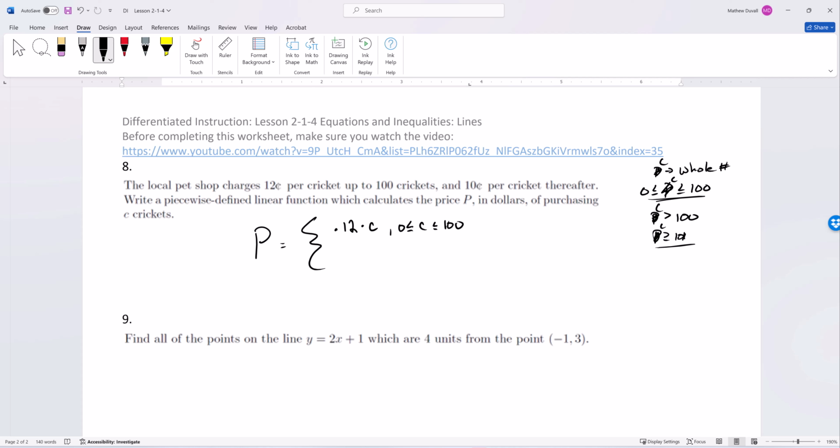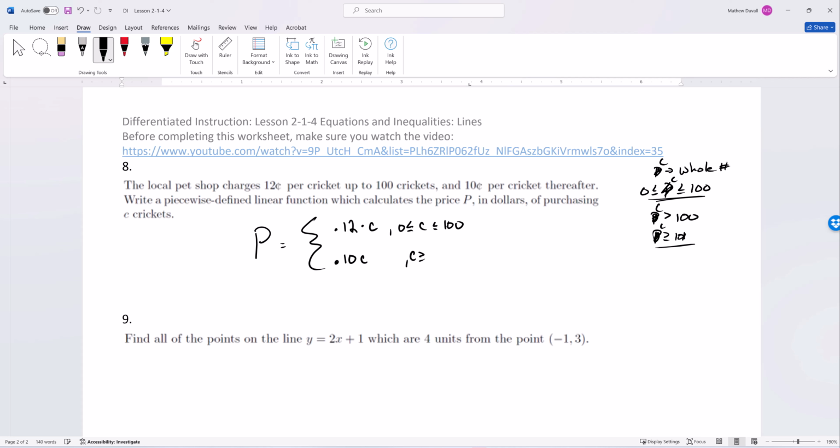Now, the issue is when we get to the next one, because you're only paying 10 cents per cricket after. So that's 10 cents per cricket after that, but only if C is greater than the 100.